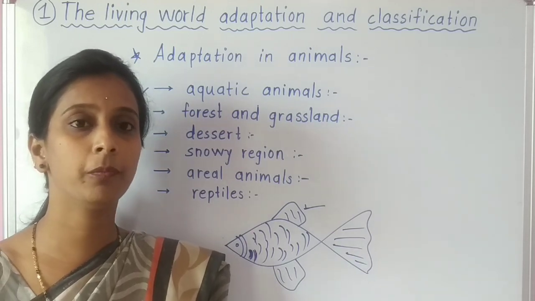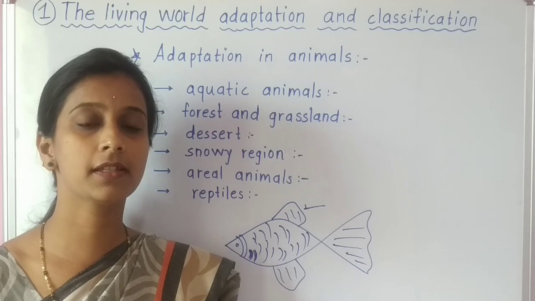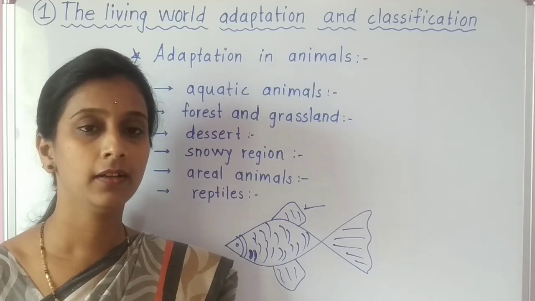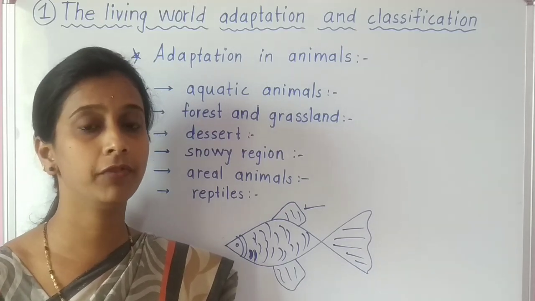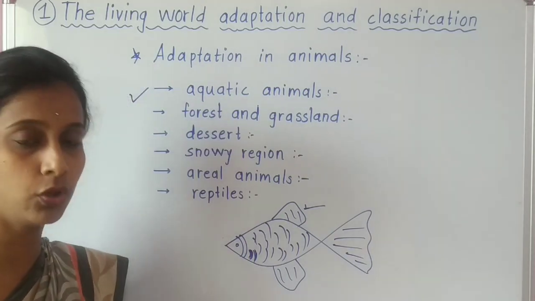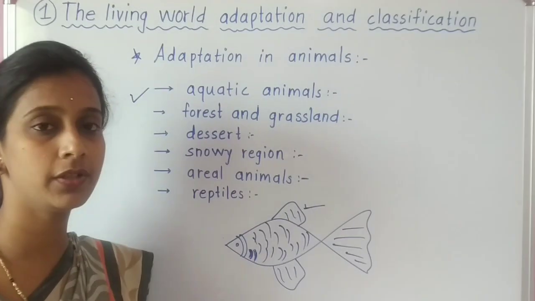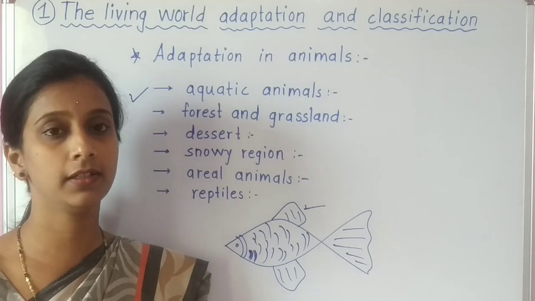The feathers of water birds possess a waxy layer. Due to that, their body does not get wet inside the water. Understand? So this adaptation takes place in aquatic birds.